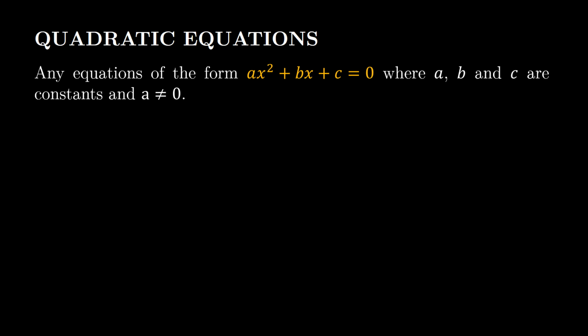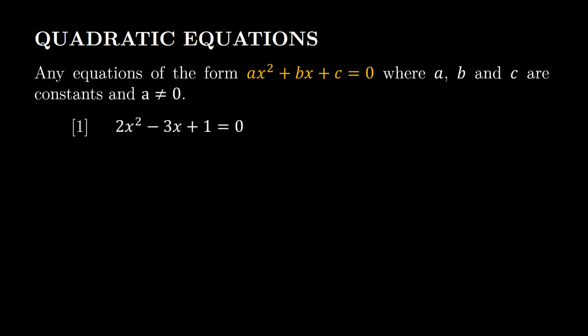So a, b, and c can be any real numbers, but a cannot be equal to 0, because when a becomes 0, the result will not be quadratic anymore. Assuming that a becomes 0, this term entirely becomes 0, and we are left with a linear equation, not a quadratic equation anymore.